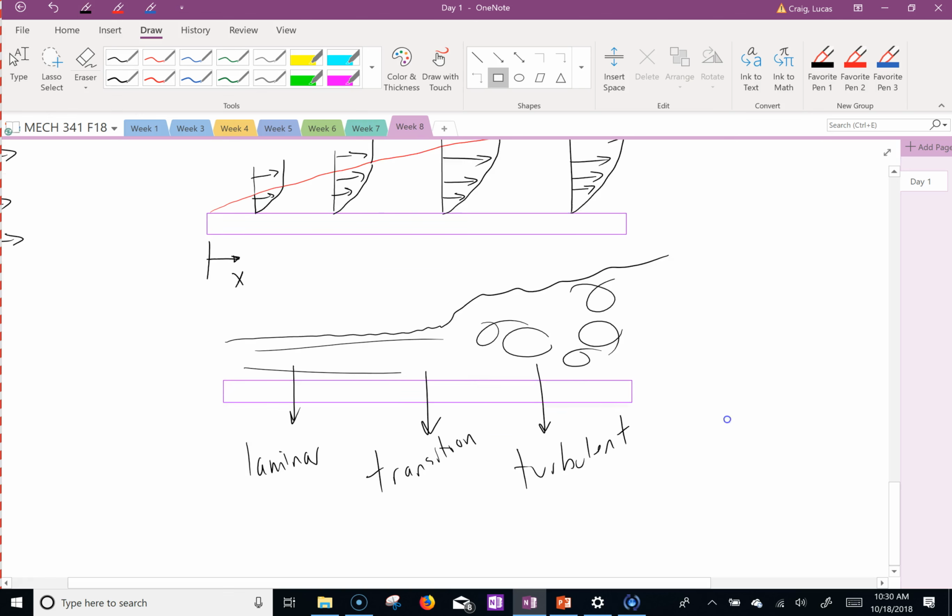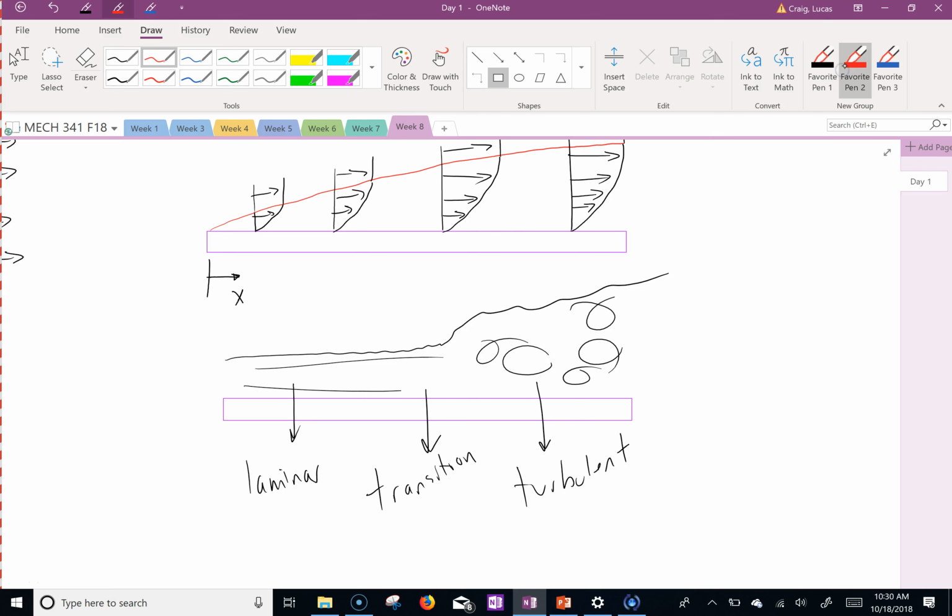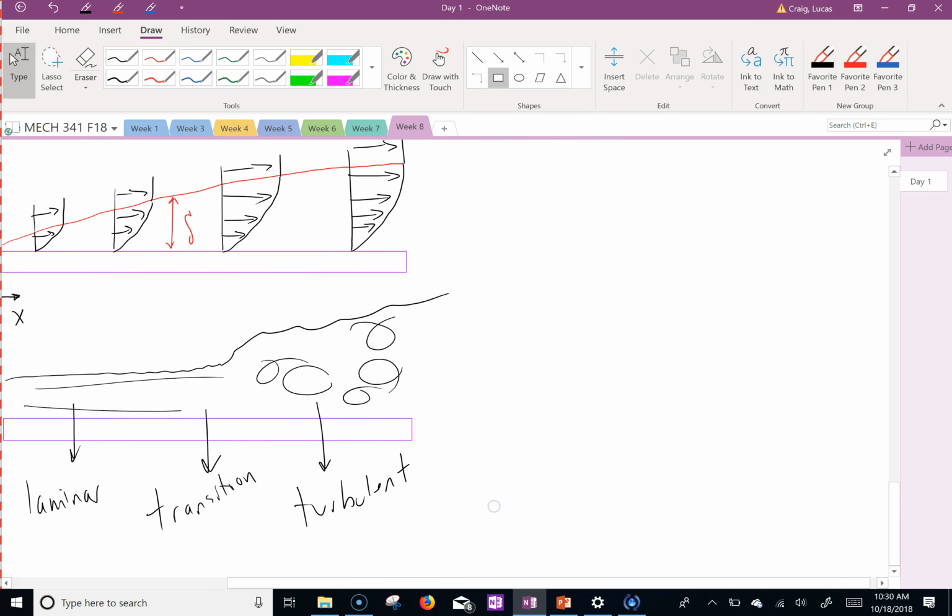So I'll give you these equations here. Draw this on your sketch. This distance up here is delta, the boundary layer thickness. And this is how they write it in books.